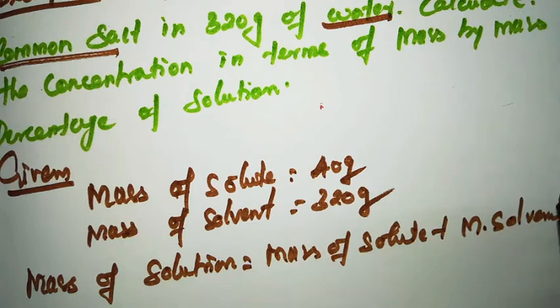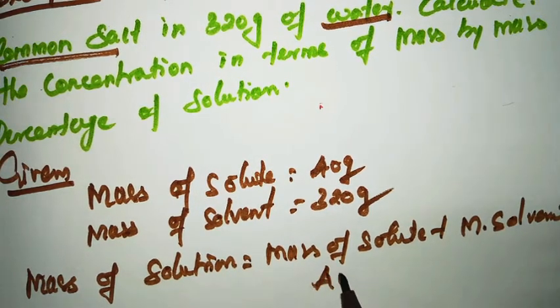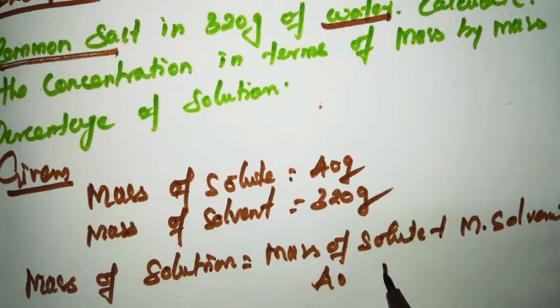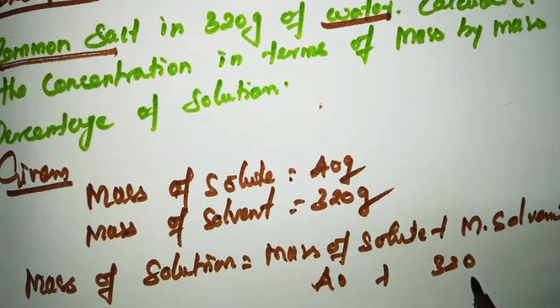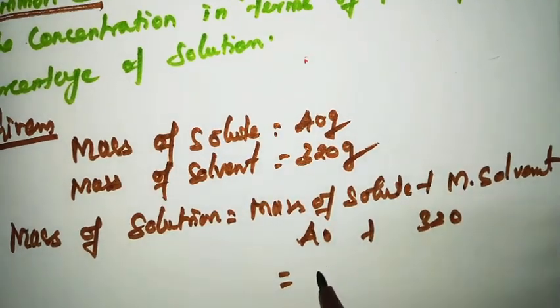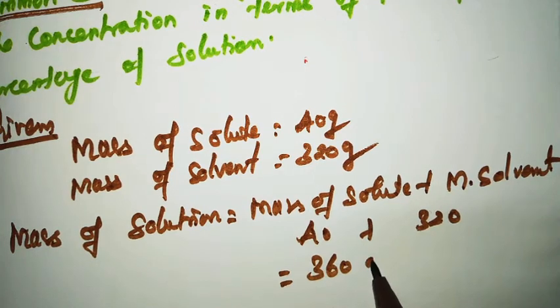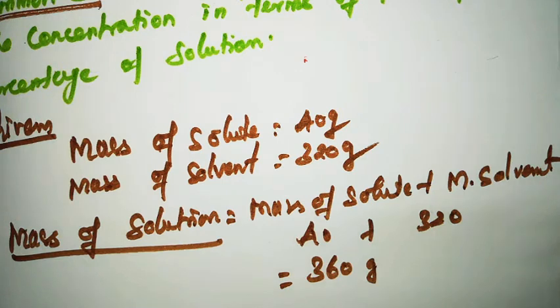Mass of solute is 40 gram, plus 320 gram of solvent, so 320 plus 40 equals 360 gram. 360 gram is the mass of solution.